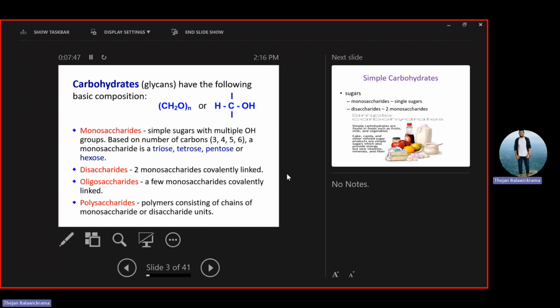The monosaccharide is just like the building block. When we have 2 building blocks, we say disaccharide. 2 to 9, we say oligosaccharide. If it is more than 9, beyond oligosaccharide, we call it polysaccharide. That's going to be a very long chain. Starch is something like that. Cellulose is something like that. They are polysaccharides.